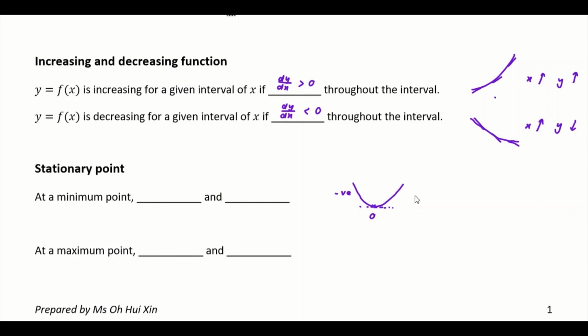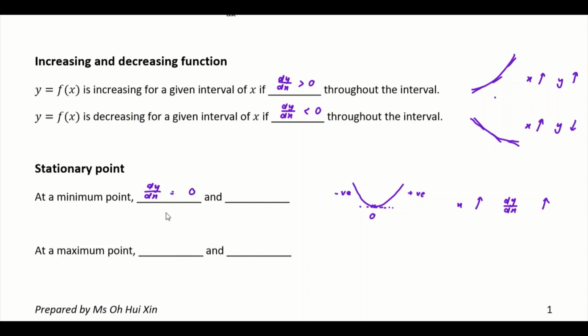Then when you move to here, it will be positive. So when x increases, moving along to the right hand side, you can see that dy/dx is actually increasing, from negative to 0 to positive. So if you have a minimum point, then dy/dx should be equal to 0.